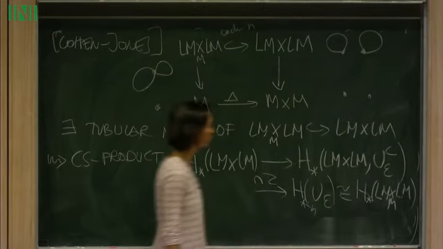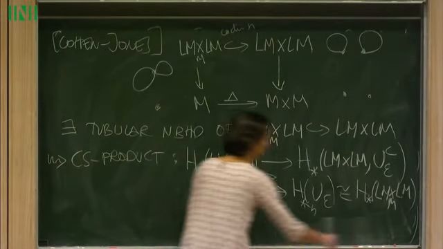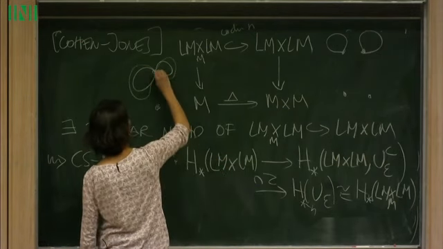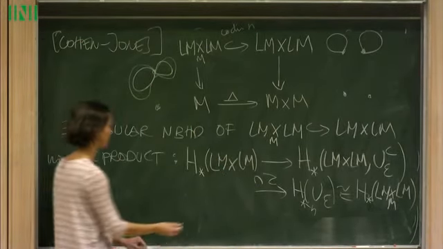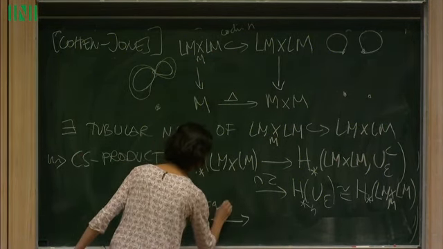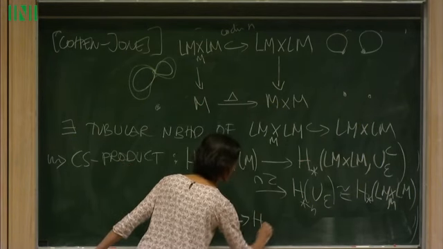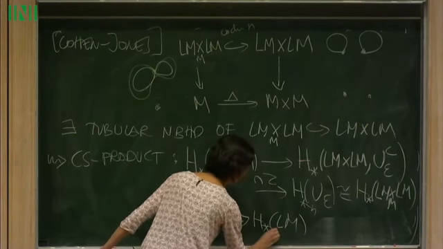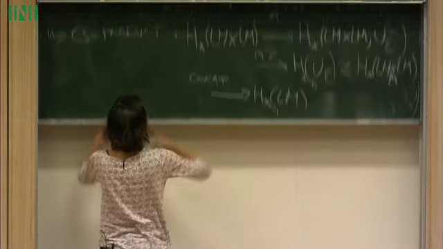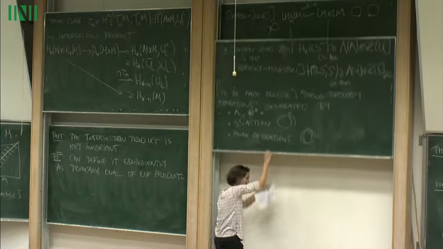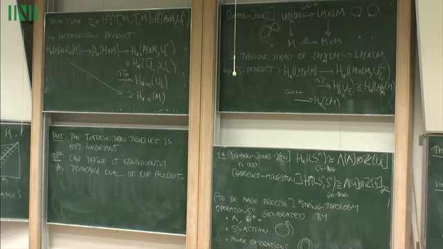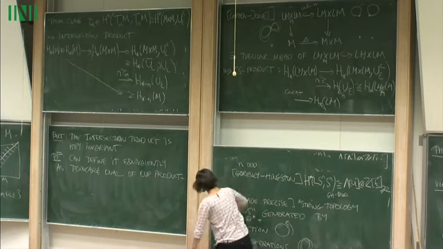And now you have loops that agree at a point, and if you have two loops that agree at a point, then you can run the one and then the other. You can take the concatenation and you get into the homology of Lm, single copy. Okay, so that's one.